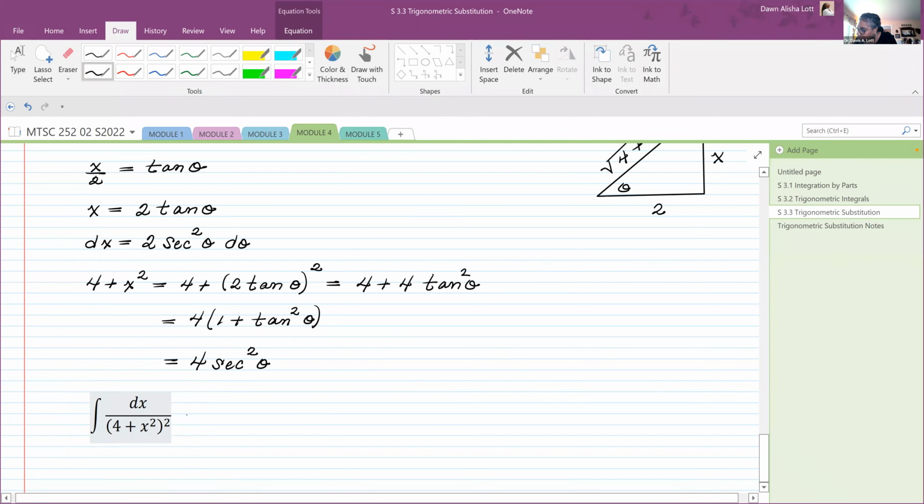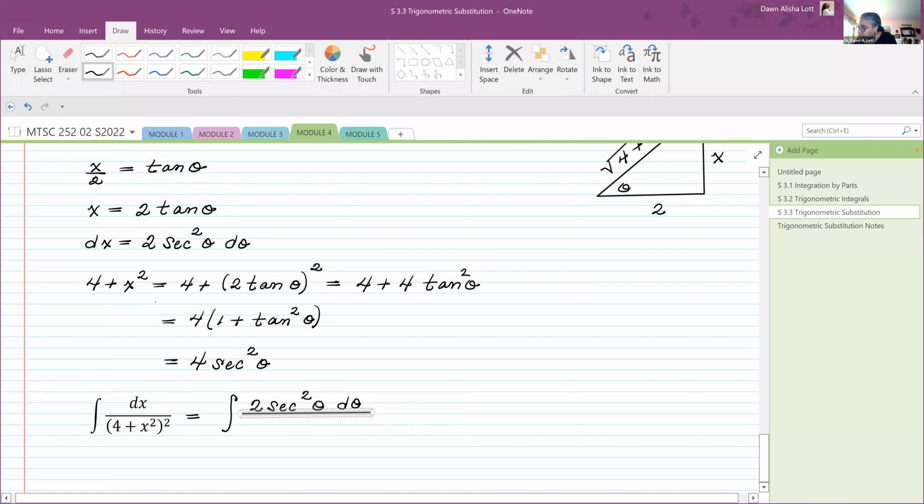So I get the integral dx, here it is, 2 times the secant squared of theta d theta, and 4 plus x squared squared.